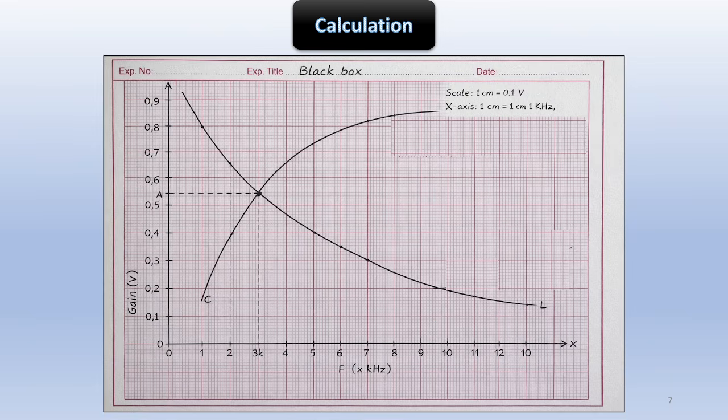Coming to the calculation, you have to plot a graph of voltage gain versus the frequency in kilohertz. Where the capacitor and inductor curves meet, from that point draw a horizontal line that gives AR, and a vertical line that gives the resonance frequency FR in kilohertz.